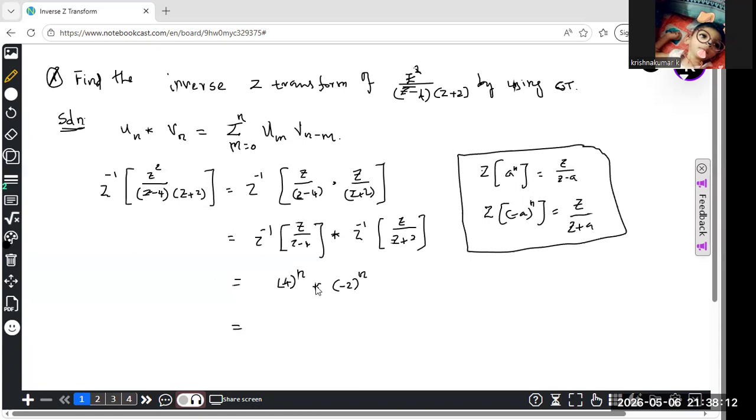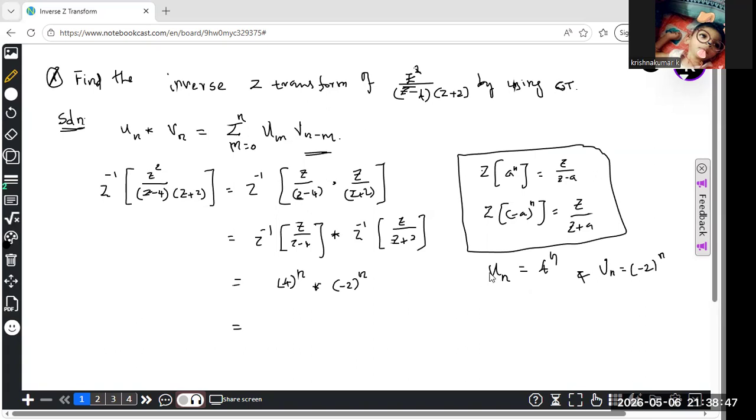Now you try to remove this convolution star by using this definition. First you compare this expression with this one and choose the functions um as well as v n minus m. So if you are comparing this expression with this one, then we can choose that un is equal to 4 power n and vn is equal to minus 2 power n.